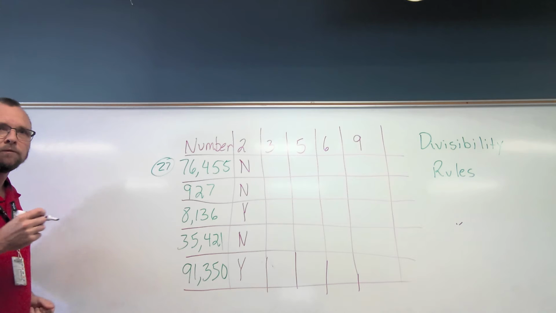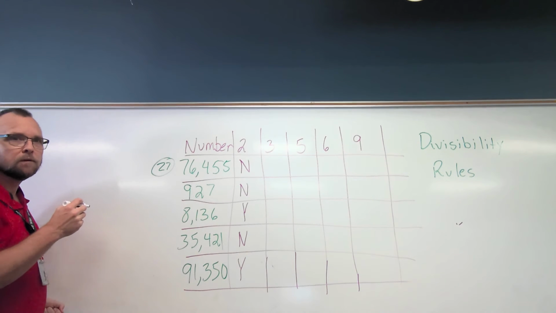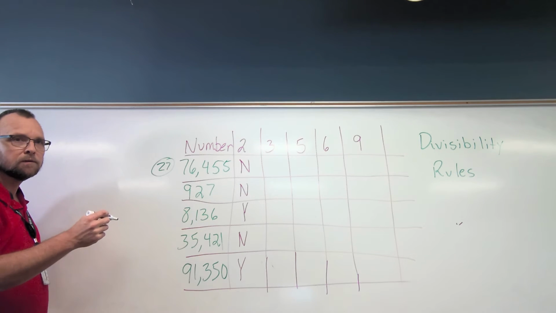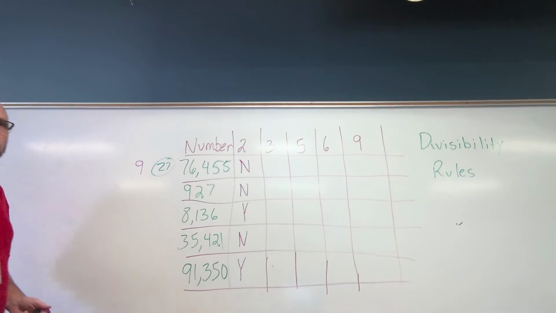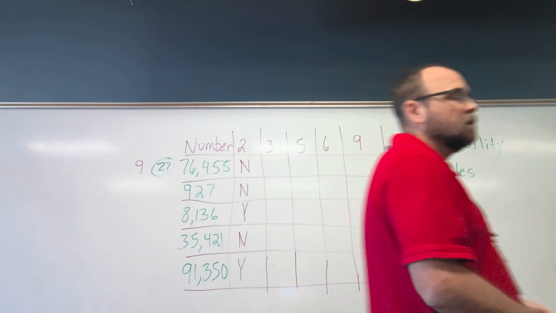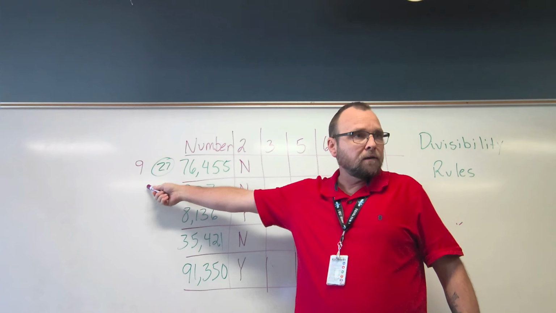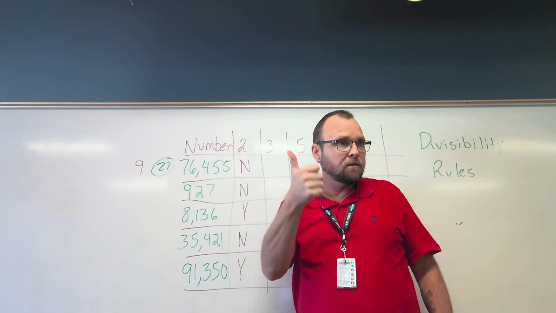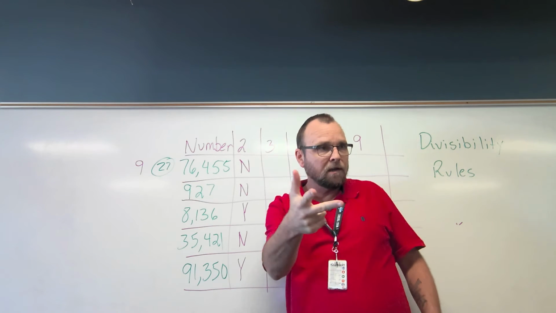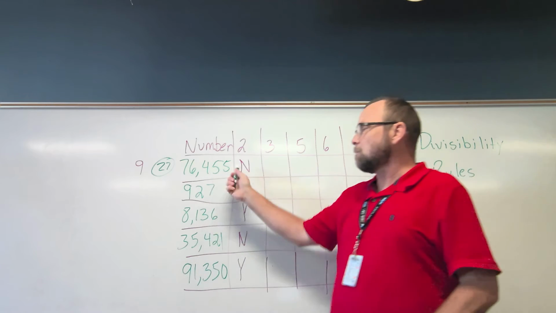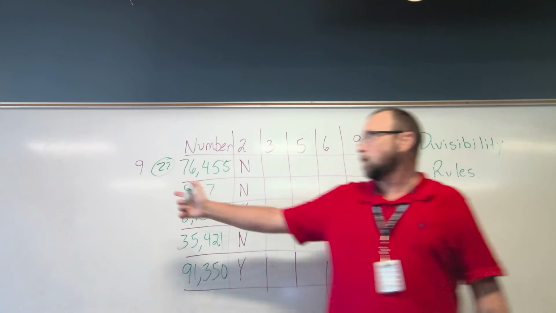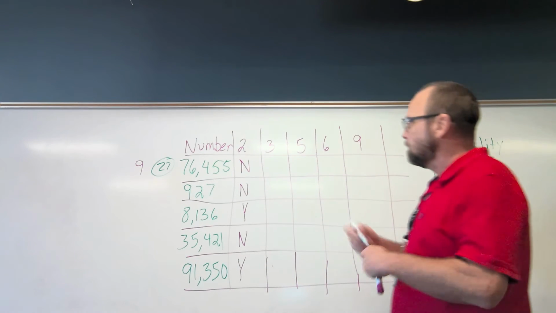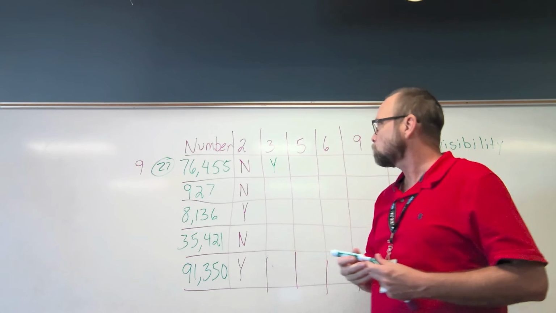What's 7 plus 2? 9. Okay? Let me ask you this now, Micah. Does 3 go into 9? Can you count by 3s? 3, 6, 9. It does. Since the sum of the digits is 27, or I can even make it smaller by adding that together, the sum of the digits is 9, then that number is divisible by 3.